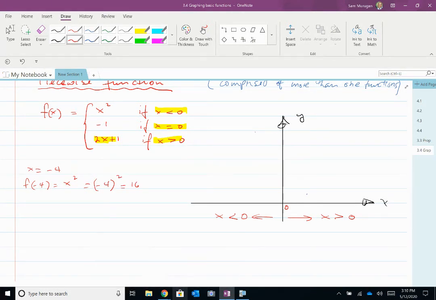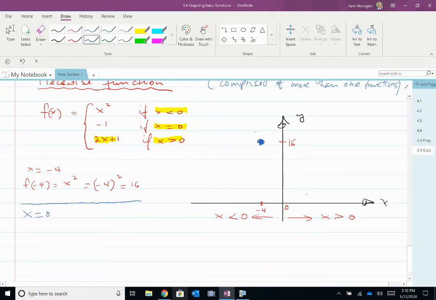Now, I can go ahead and mark that point. Let's say this is 4, this is -4, and here is +16. Okay, so I can mark my point on the graph, and you'll see where this is going in a second. Now let's pick a point, say when x is equal to 0.